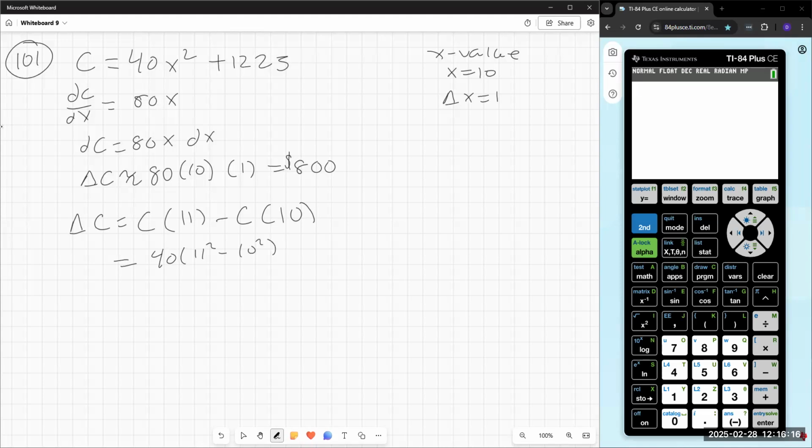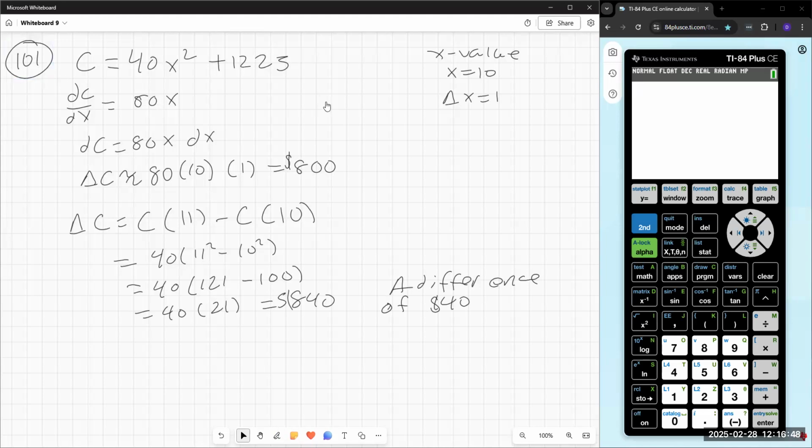The difference 121 minus 100 is 21, and 40 times 21 is 840, a difference of $40.